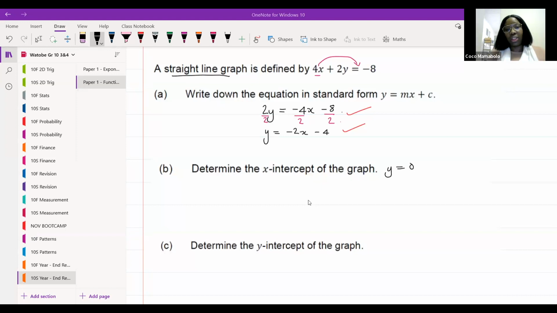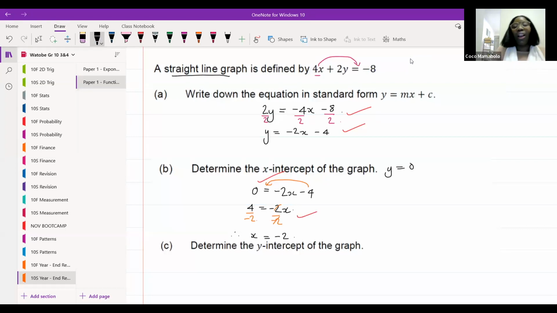So I'm going to go 0 equals negative 2x minus 4, and then I'm going to solve for x. So I will take the negative 4 over to the other side and become positive 4. So I will have 4 equals negative 2x. Divide both sides by negative 2, negative 2. Therefore, x is equal to negative 2. 2 marks as well. 1 for making y equal 0, 1 for solving for x.